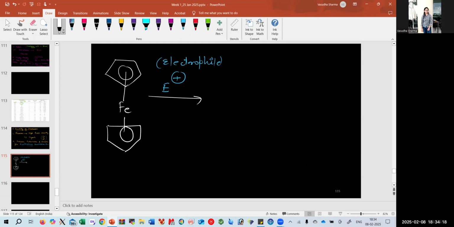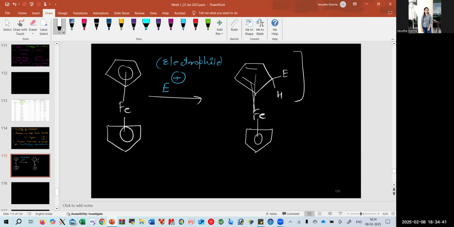Firstly, it would undergo a transition state where the electrophile is attacked by the electrons of Cp, and H will be here and E will be here, coordinated with 2 bonds, and the other side remains like this. This is a general mechanism. Since it has lost 1 electron, it gains a positive charge.